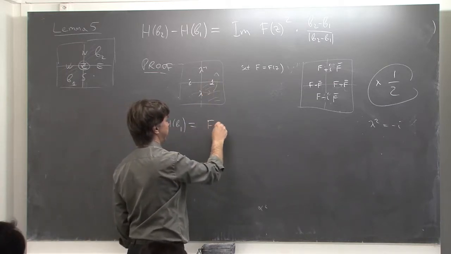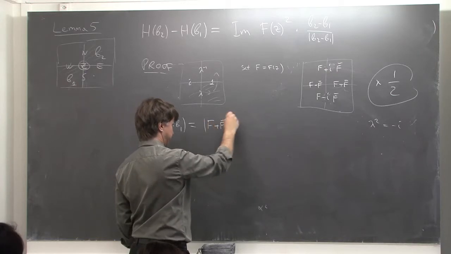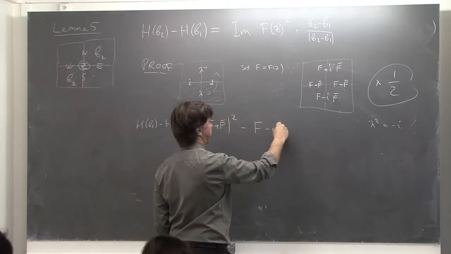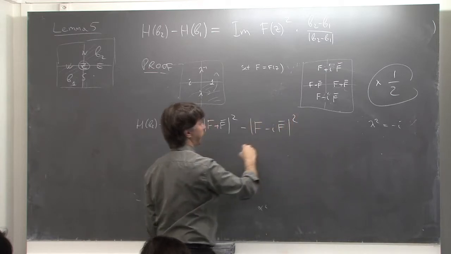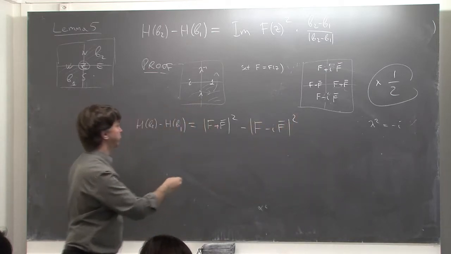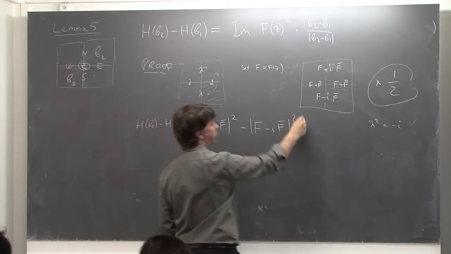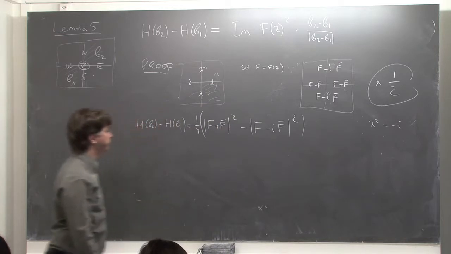So it's f plus f bar squared minus f minus i f bar squared, and we have to multiply by 1/4, the square of the 1/2 which was there.